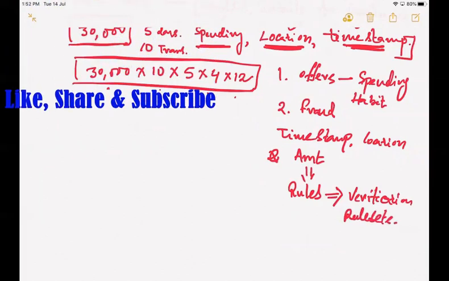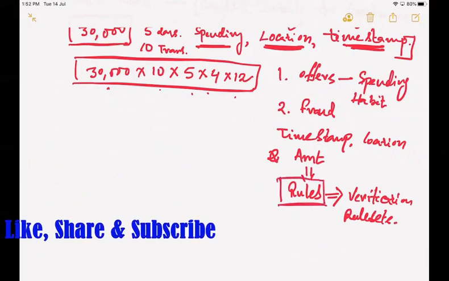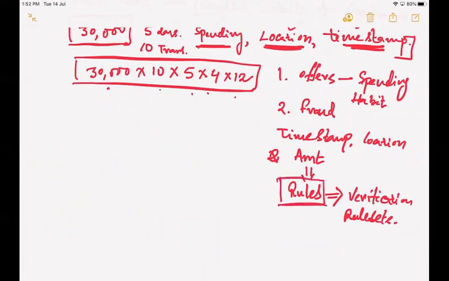Now, once I have this verification rule set or the validation or verification rules ready, from that, I can track all the transactions the customers are making, and if at all I find out there are some anomalies in those transactions, I can always raise an alert.